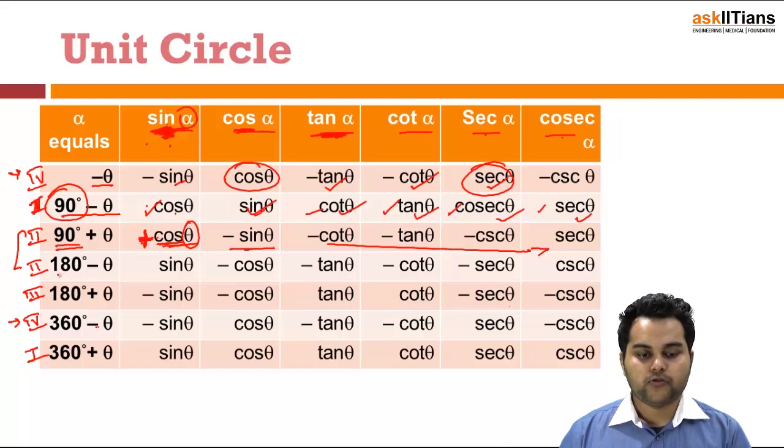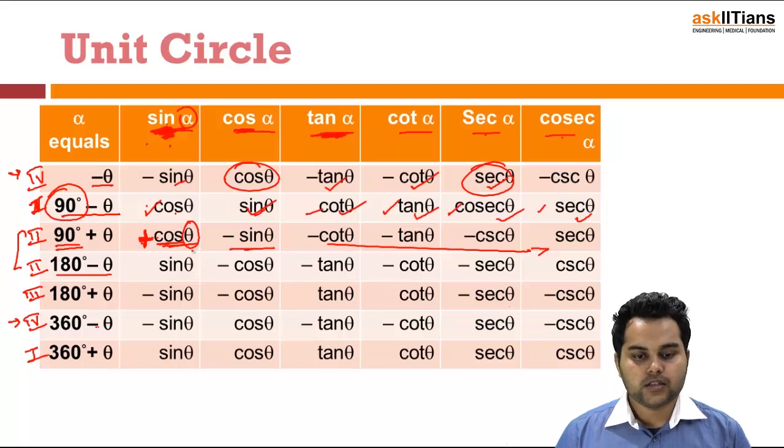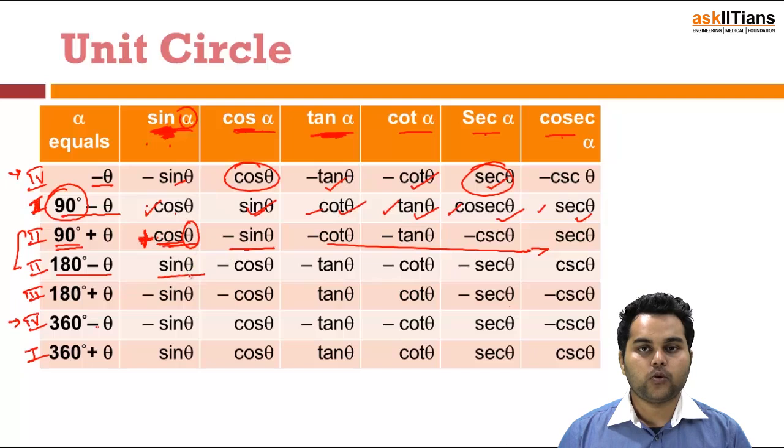In the case of 180 minus theta, which is termed pi minus theta, it's a multiple of pi plus or minus theta, so there would be no change in the trigonometric ratio. Sine of 180 minus theta is sine theta because it's already positive in the second quadrant. Cos of 180 minus theta is minus cos theta, so no ratio change but a sign change.